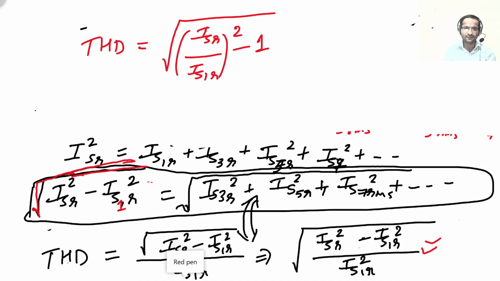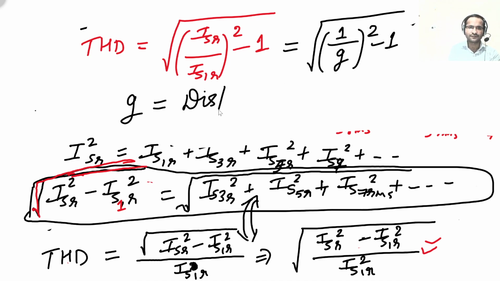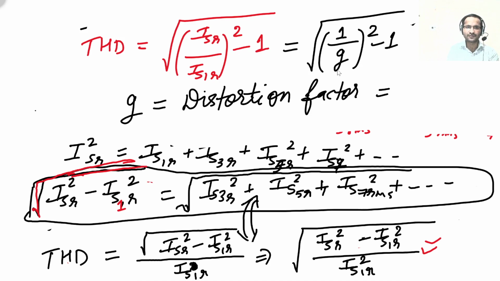Further modification of this will get us the equation square root of 1 by G whole square minus 1, where G is the distortion factor, G equals IS1 RMS by IS RMS.